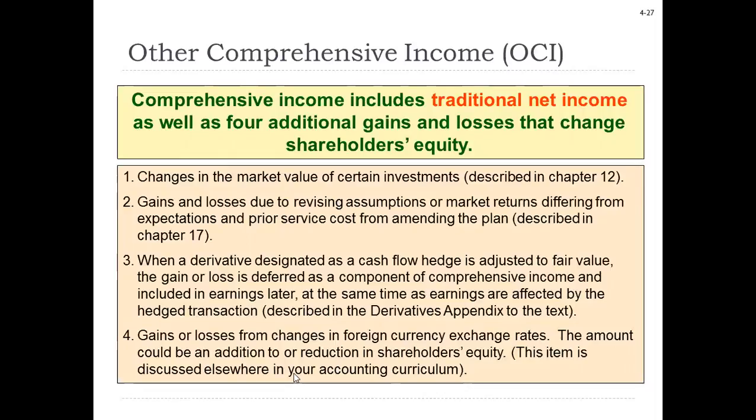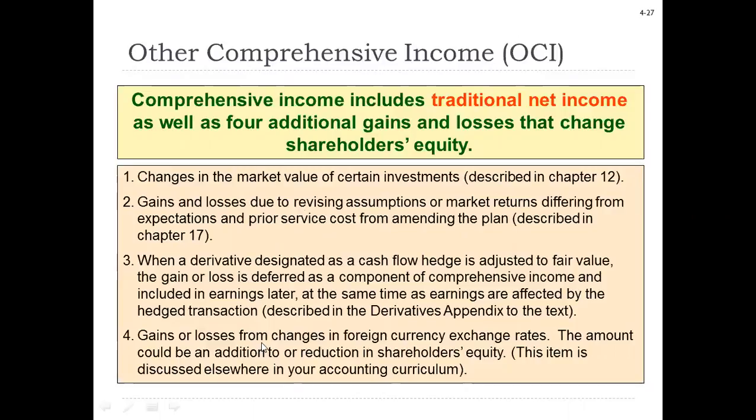The most common one of these is probably changes in the market value of certain investments. In the income statement, we normally do not adjust certain investments to market values, so we show those types of changes in market values in this category called other comprehensive income.